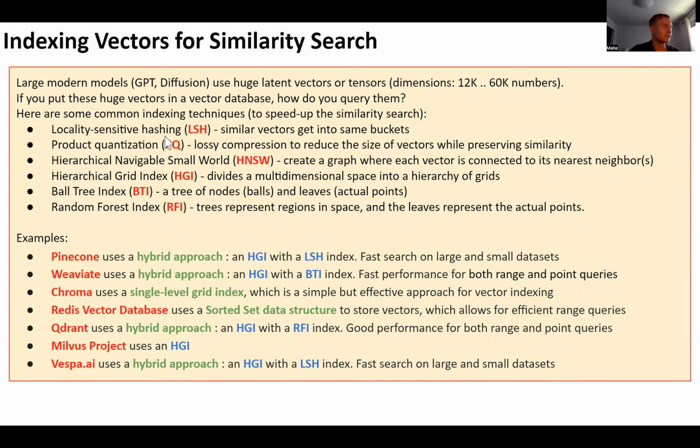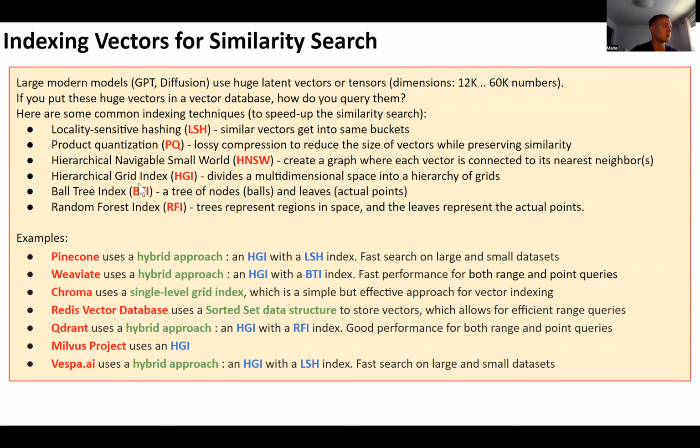Yeah, that's a very dense slide, but it shows all these algorithms in a better way, and it gives you a bit of an example of what they do. So you have locality sensitive hashing. It basically puts all similar vectors into the same bucket. You have product quantization. Basically it compresses the size of the vectors while preserving the similarity. You have hierarchical navigable small world, which creates sort of like a graph database where each vector is connected to its nearest neighbors. So it's sort of interesting.